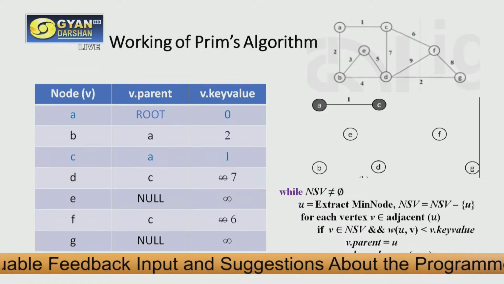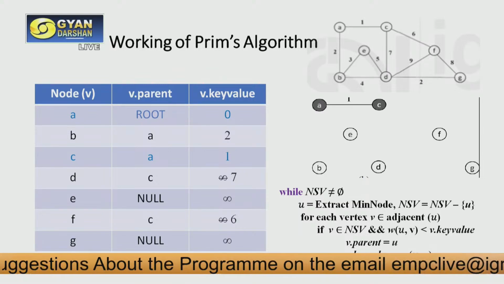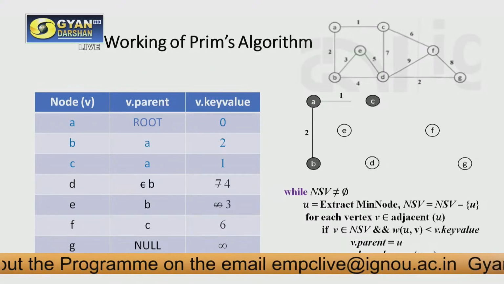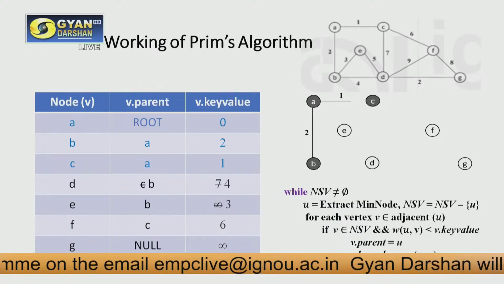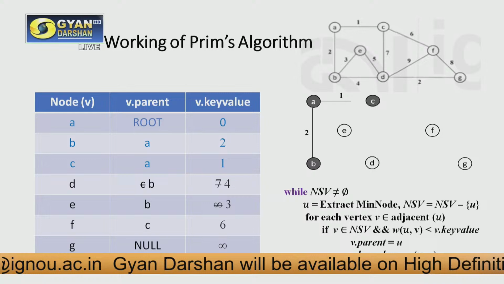So we will select next 2 as the cost value, and vertex B will be included into the MST.